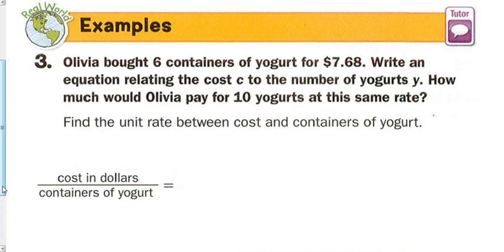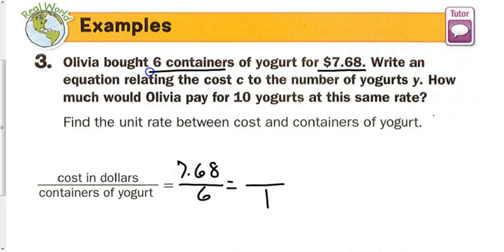So we're going to find the unit rate between the cost and containers of yogurt. So we said that for 6 containers, the cost is $7.68. Well, we want to reduce that so that it is how much for one container.